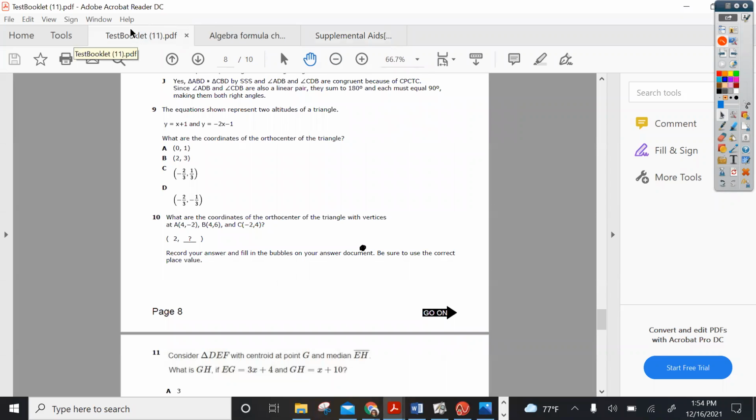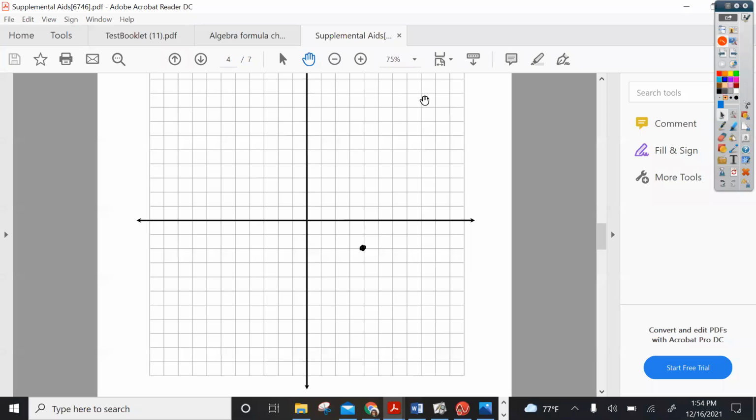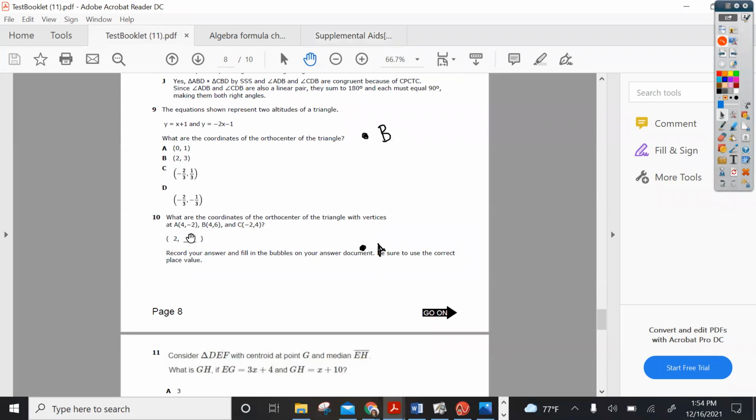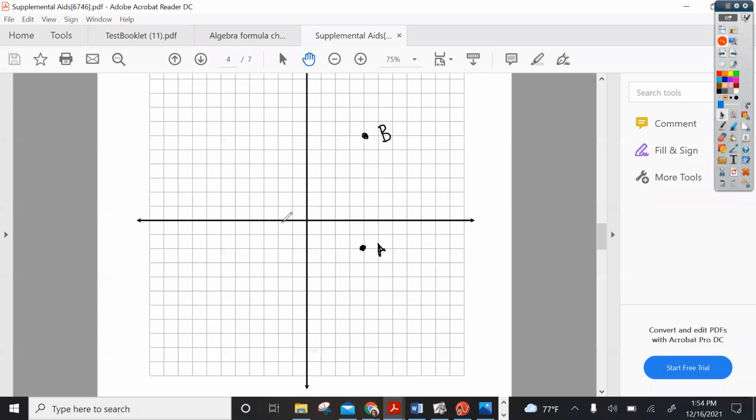That's A, and then we have 4, 6. 1, 2, 3, 4, 5, 6. So this is A, and this is B. Okay. Then we have -2, 4.